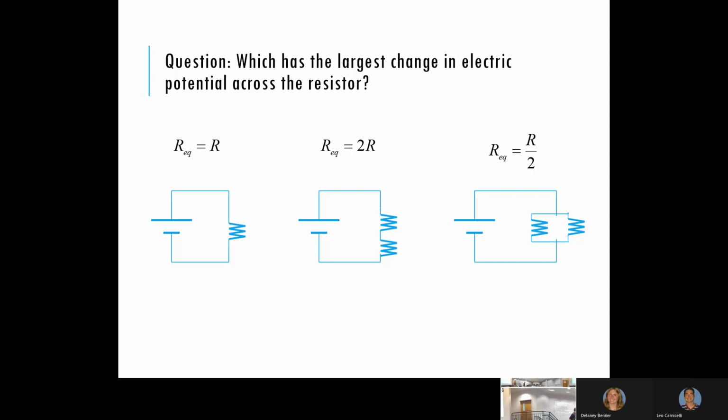Survey says, what say the rest of you? I hear a couple equals, I hear a couple middles.